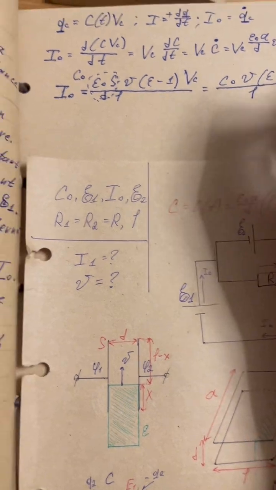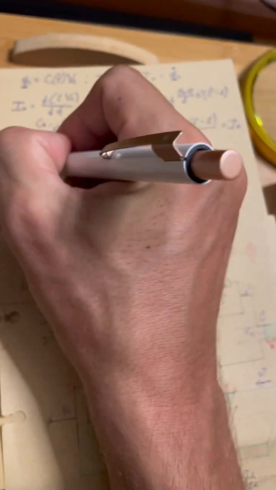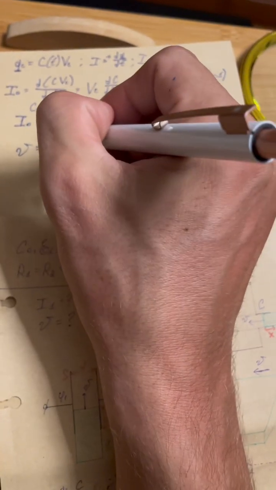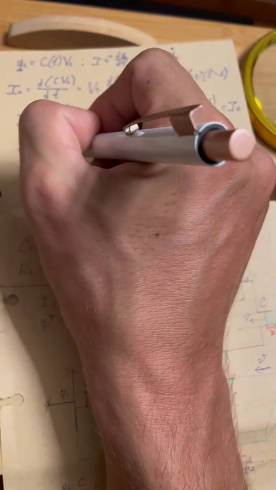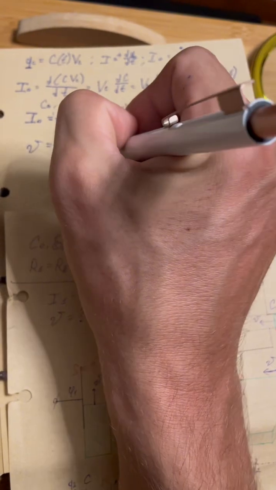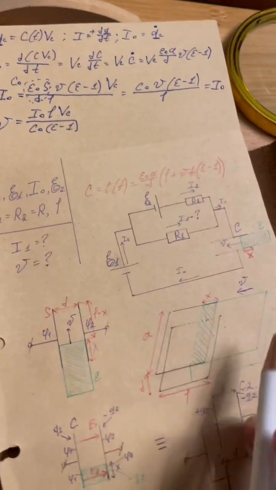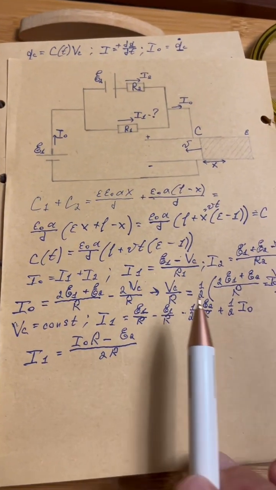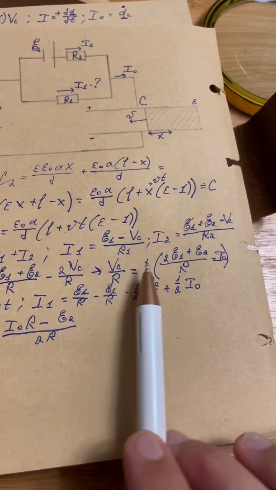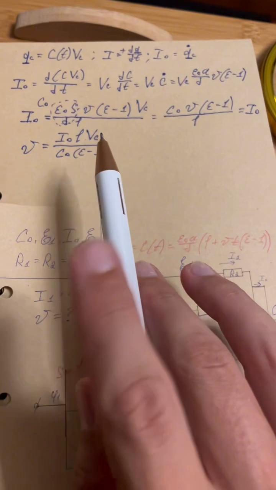This is I0 current, and I will derive v from here. So v equals I0 L VC over C0 times epsilon minus 1. And we just need to substitute VC, the voltage on the capacitor, that we already derived from here. We will derive it from here, we see, and substitute it here.